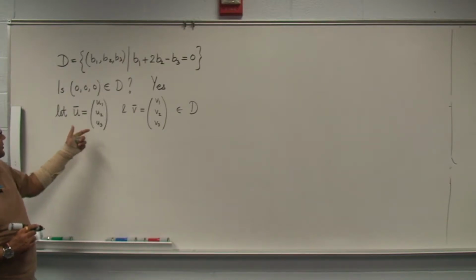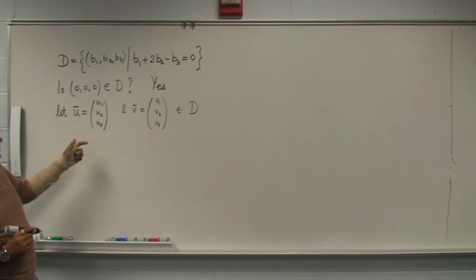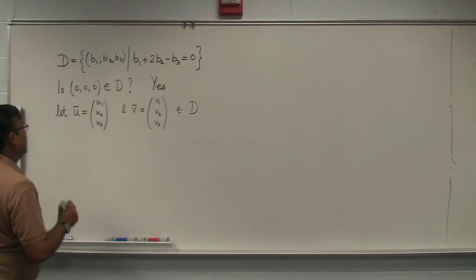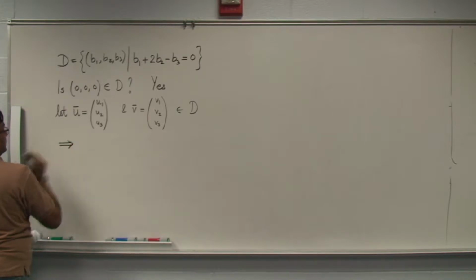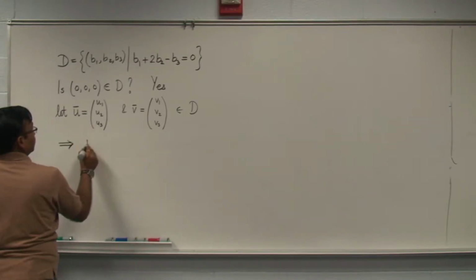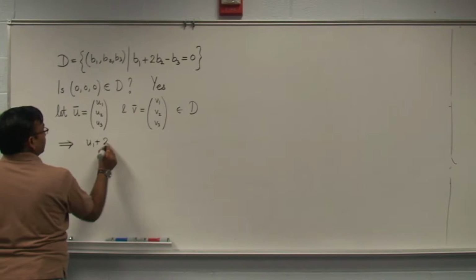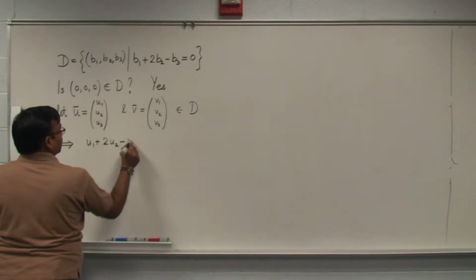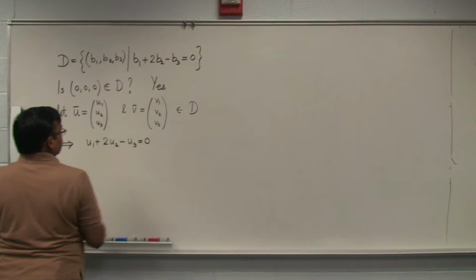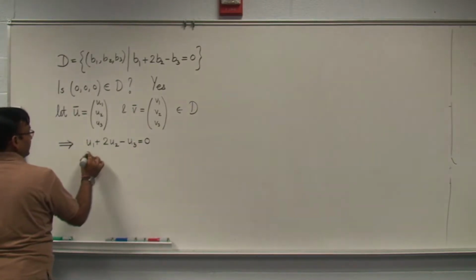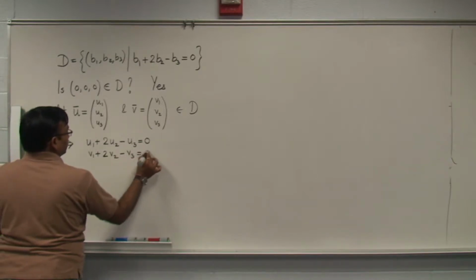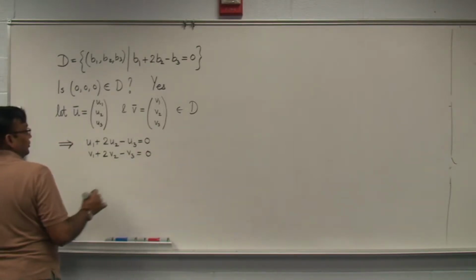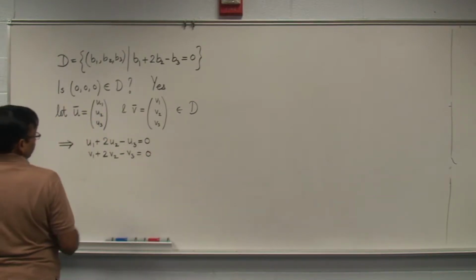Not any three-dimensional vector is a member of D. In fact, only those three-dimensional vectors which satisfy this equation are members of D. Because they both live inside D, we have certain expectations of their components. So we know that u1 plus 2u2 minus u3 must be 0. Likewise, v1 plus 2v2 minus v3 must be 0. So we know that these two equations are true.